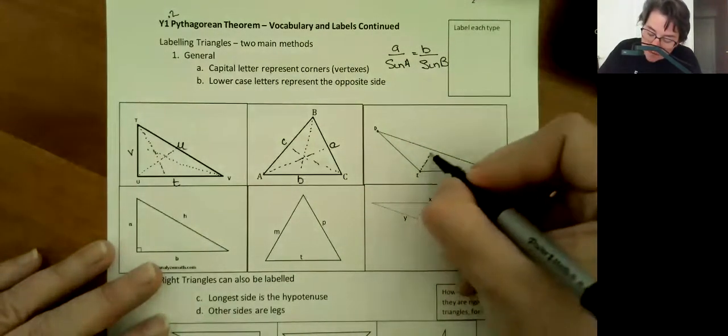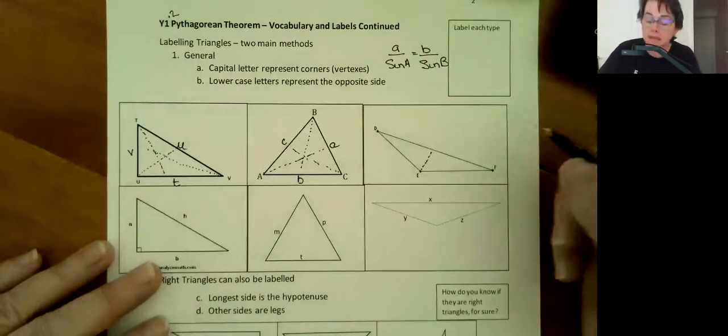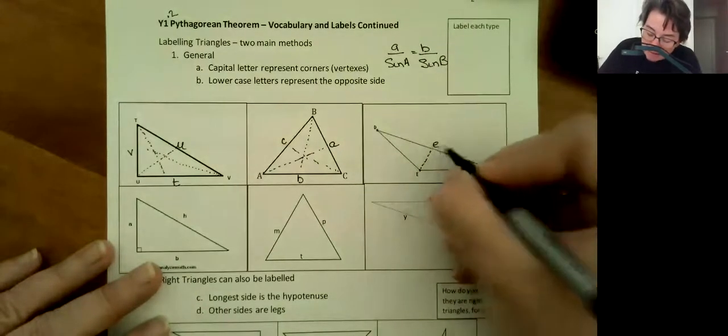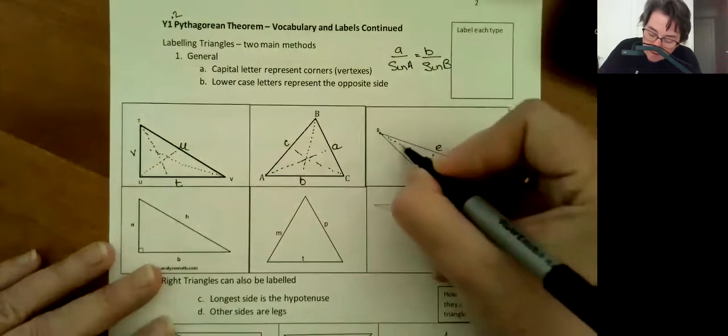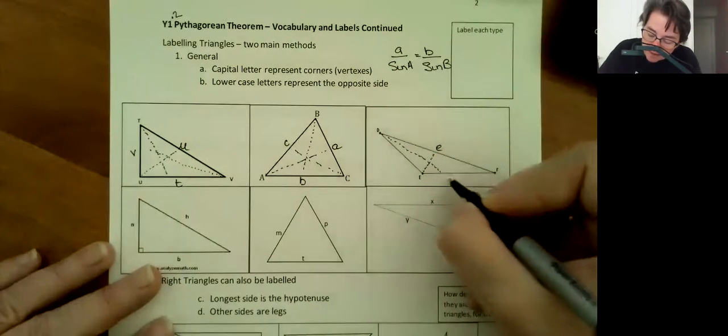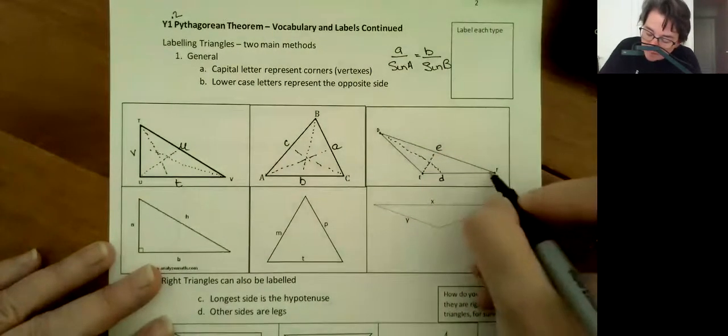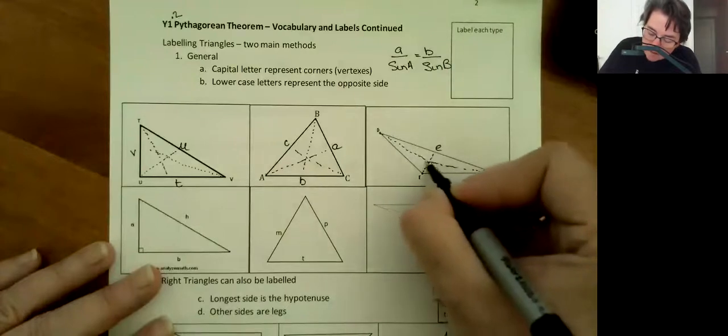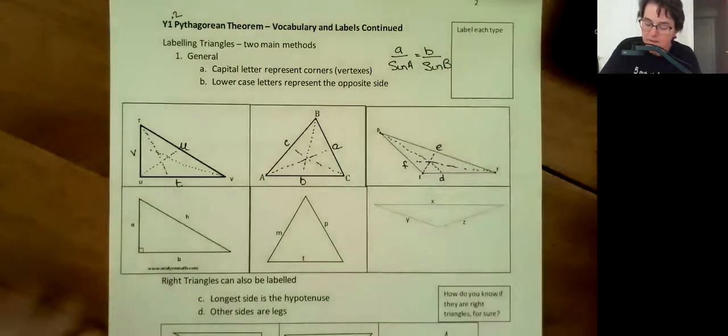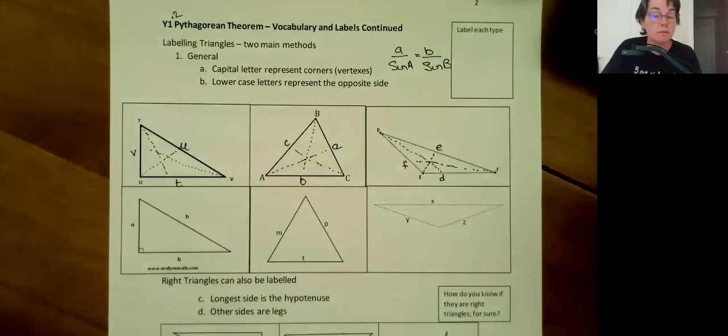And here we go here. I suspect the biggest problem there is you can't even see the letters. So this is E. Down here is D. And over here is F. Ta-da. Cool? Yeah, it's pretty simple.